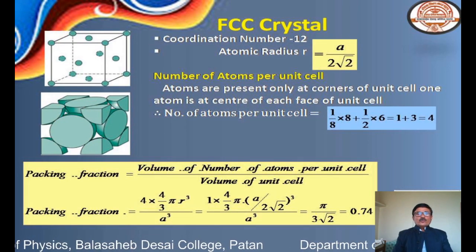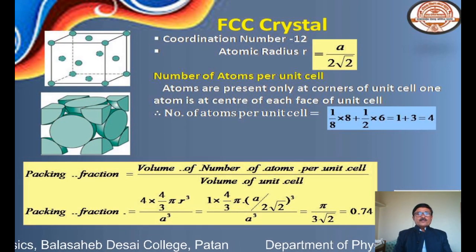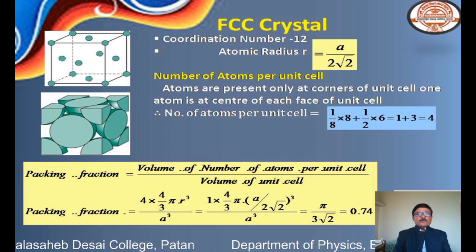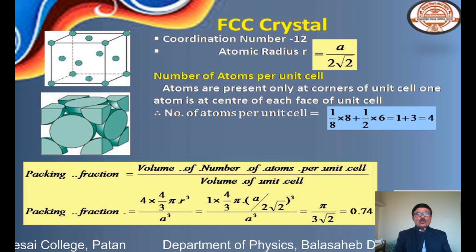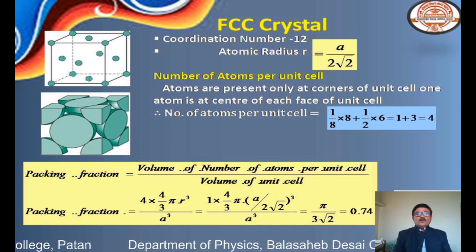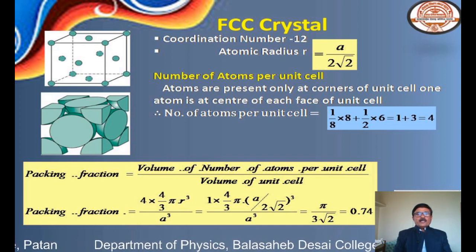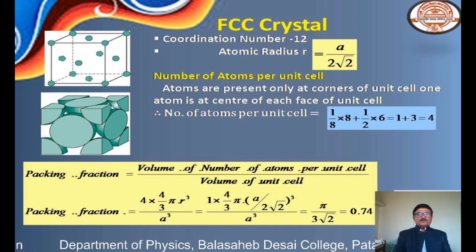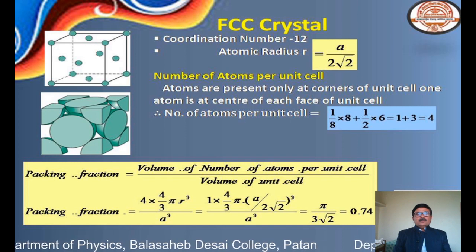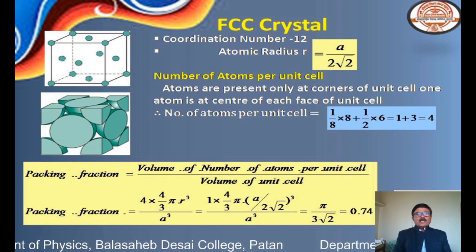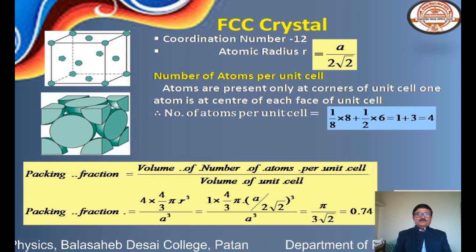Next is the face centered cubic crystal. In case of face centered cubic crystal, atoms are present at the corners of the unit cell, but there are atoms at the center of each face. So if you calculate the coordination number, you will observe that the nearest neighbor to the corner atom is another face centered atom.